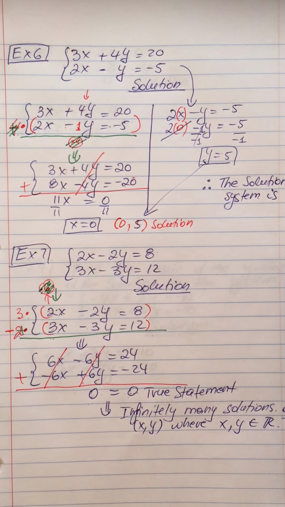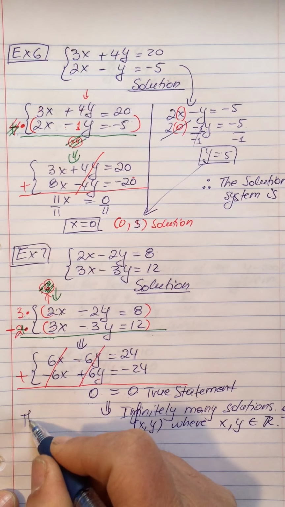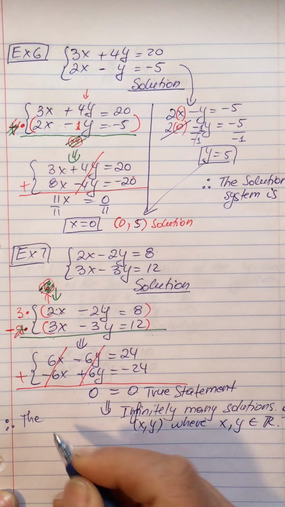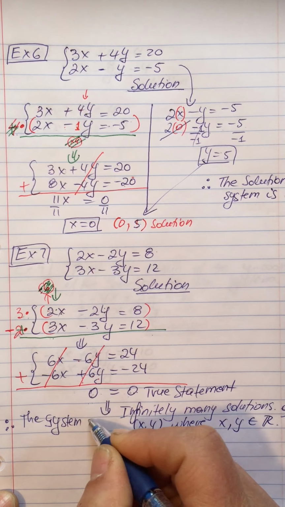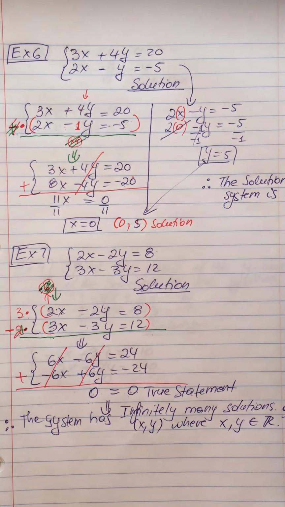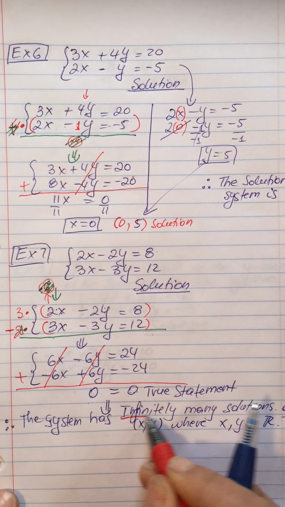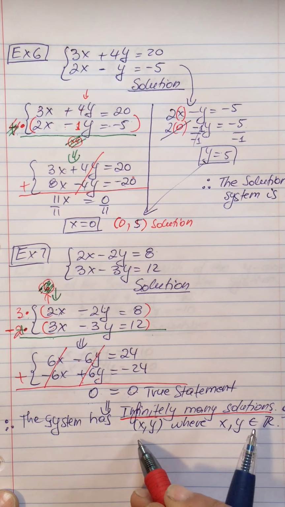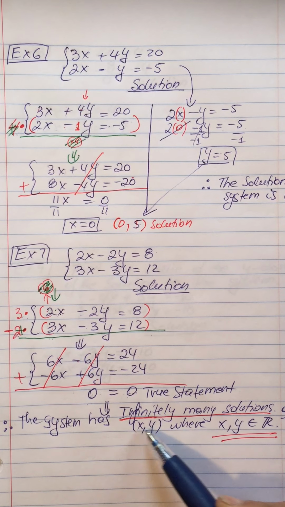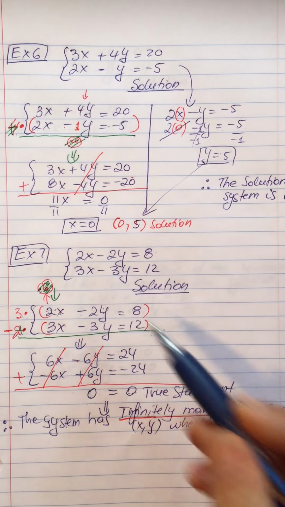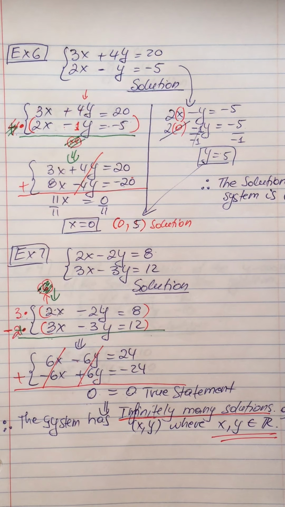That's it. So the system has infinitely many solutions where x and y are real numbers. Paired together in order, they always make the system a true statement.